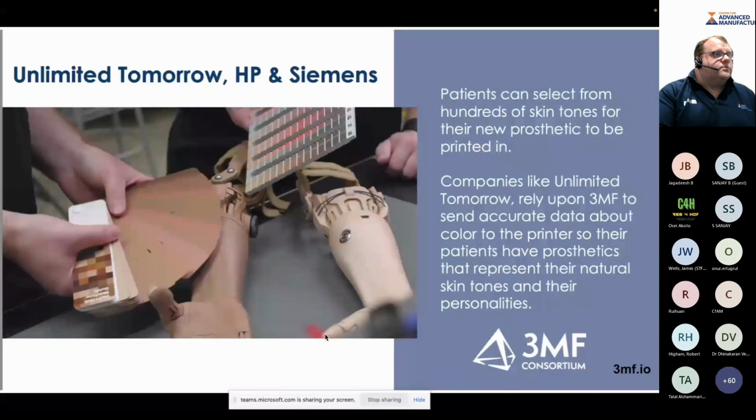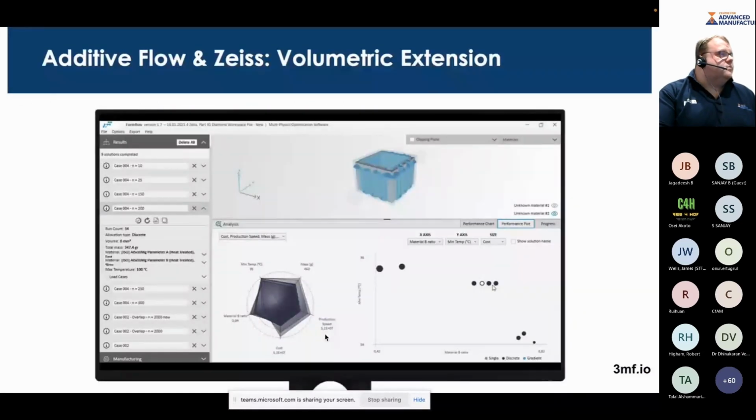The volumetric extensions are interesting. This is a project by Additive Flow and Zeiss. This is a housing mount for a sensor in a nuclear reactor. And by defining the parameters using simulation, I think they're going to say it's using AI to find the best parameters between surface density and conductivity.